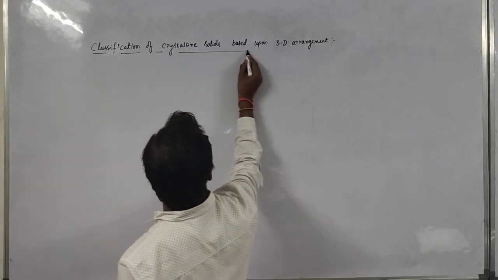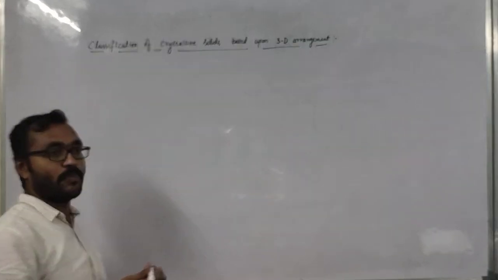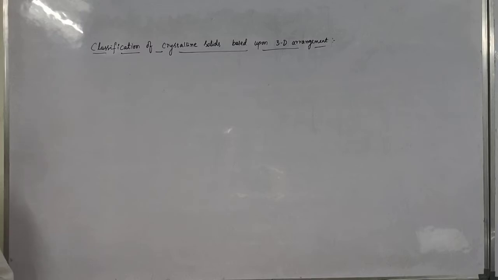Earlier we have seen classification of crystalline solids based upon type of interaction. If the interaction is electrostatic, we call them ionic solids. Covalent interactions, covalent solids. Metallic interactions, metallic solids. Whereas van der Waals interactions, molecular solids. Now we are classifying crystalline solids based upon three-dimensional arrangement.